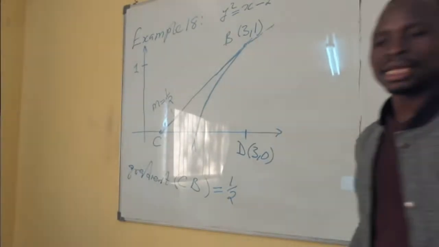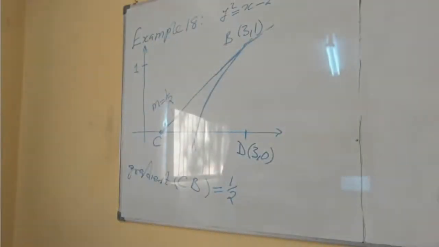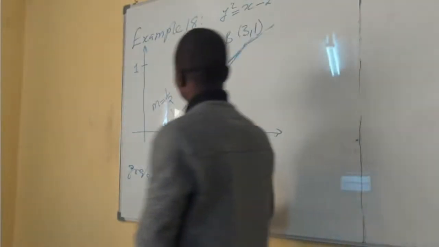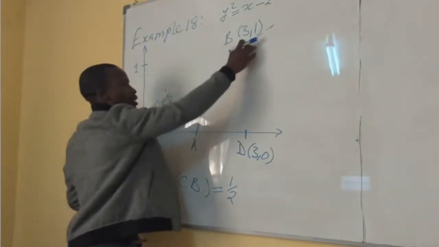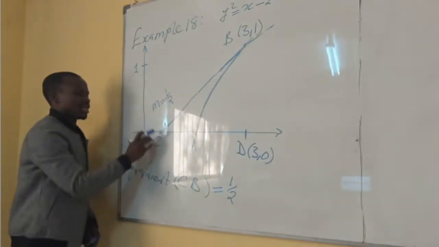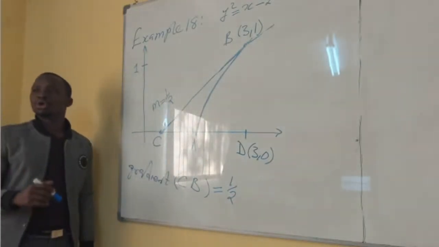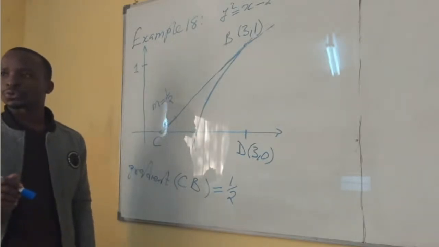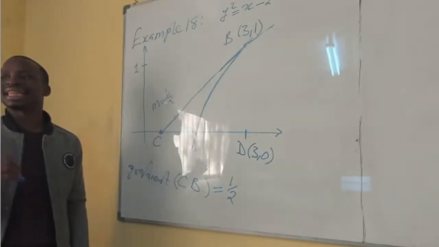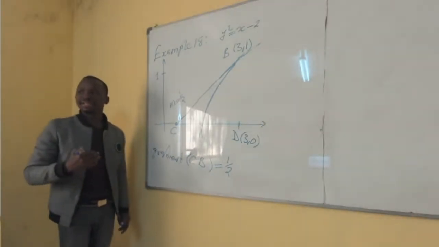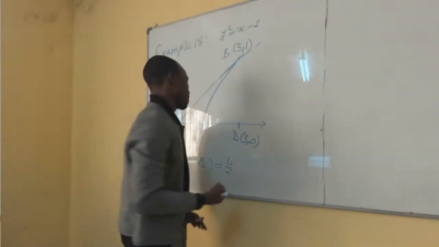Now, the questions start. The first question is: 1, find the equation of CB. 2, the coordinates of C. 3, the volume swept out by the shaded region when revolved round the x-axis.